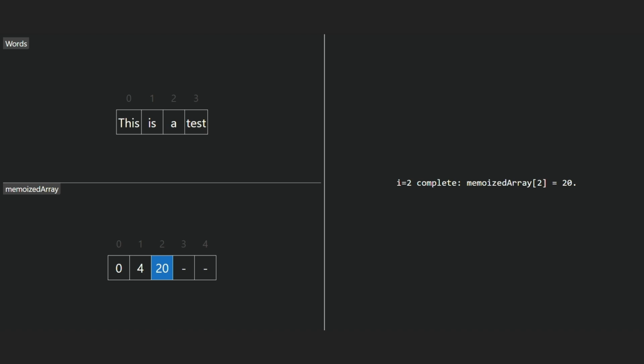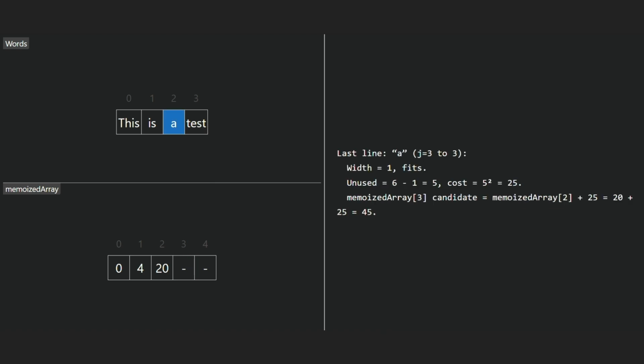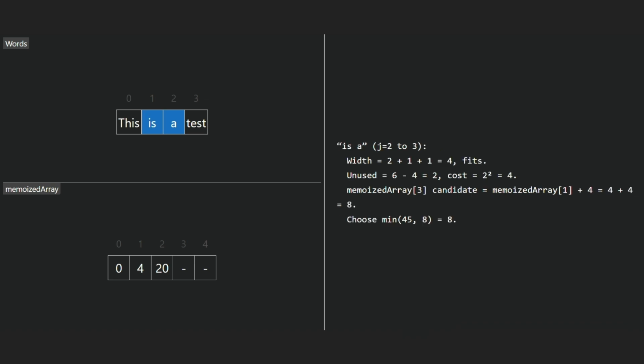When i equals 3, we handle the words "this is a". We try 3 options in order. First, we put "a" alone on the last line. That leaves 5 unused spaces for a cost of 25 plus memoized array 2, which is 20, giving 45. Next, we put "is a" on the last line. That phrase has length 4, leaving 2 unused spaces for a cost of 4 plus memoized array 1, which is 4, giving 8.